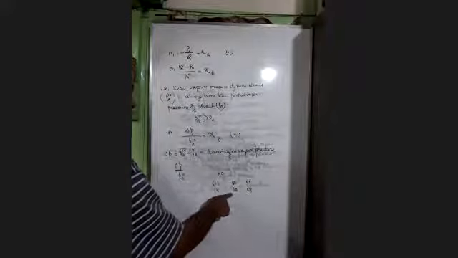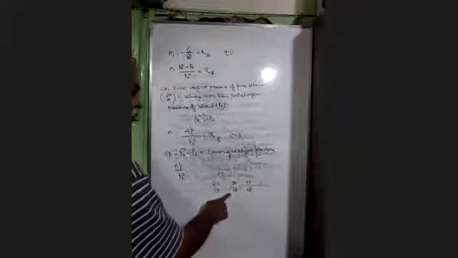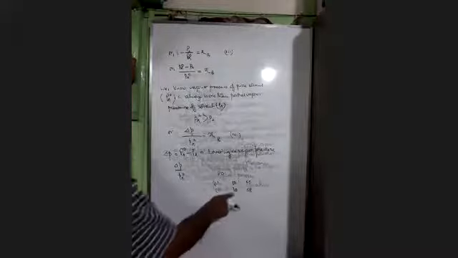First you will compare yourself with your previous performance. But if you compare with your friend's performance, you will find you have done very badly, because it's a ratio. So delta P by PA0 is called relative lowering because it is in comparison.